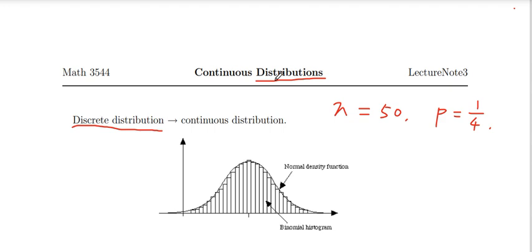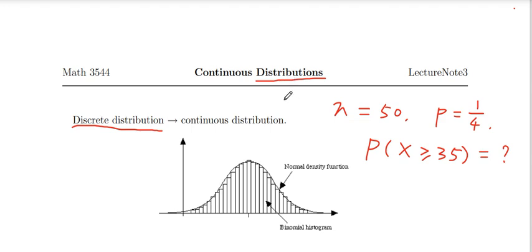Now we want to find the probability, like what is the chance that the number of your correct answers can be at least 35. So such a probability is not so easy to calculate.